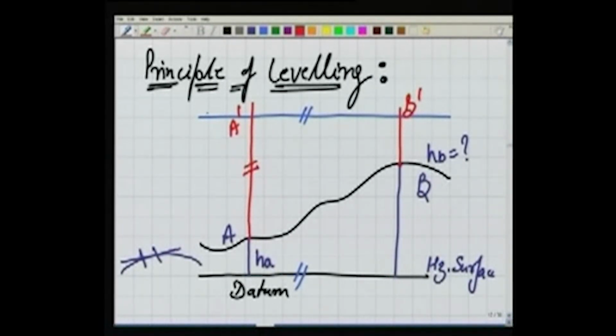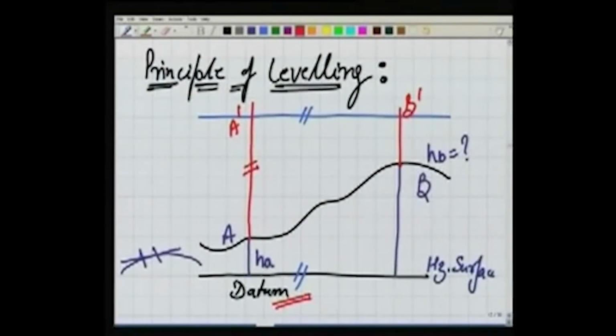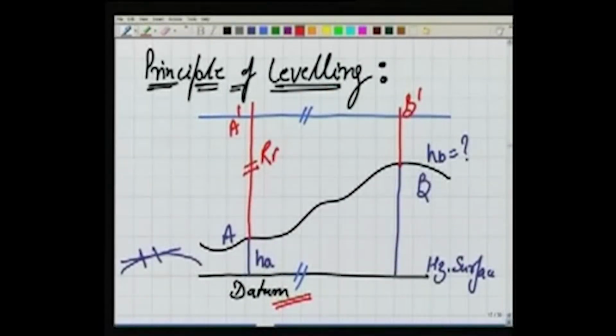Okay, we have established this blue line. This blue line is parallel to the line here, the datum, and somehow we are establishing the values of A dash and B dash. Let us say, because these are the readings, we will take the readings on something later on. I say this as RA and this as RB.